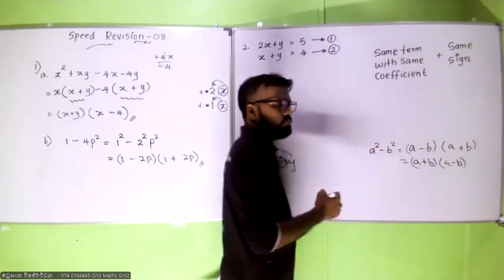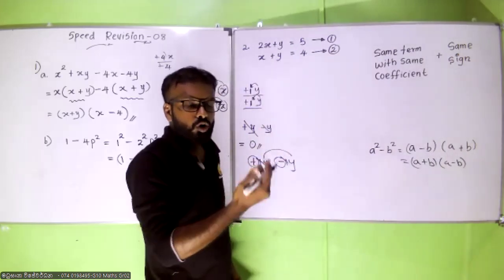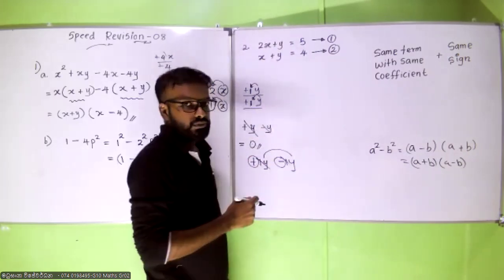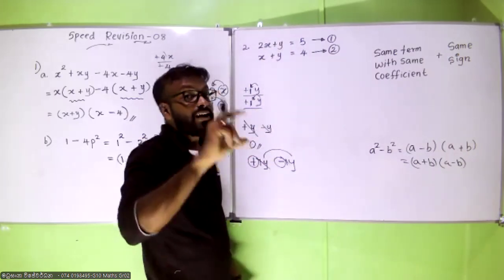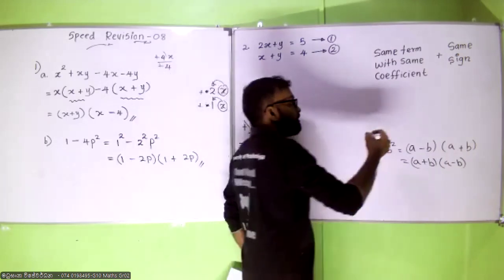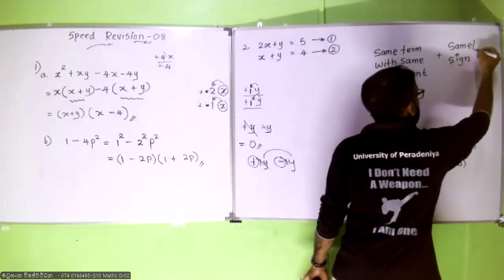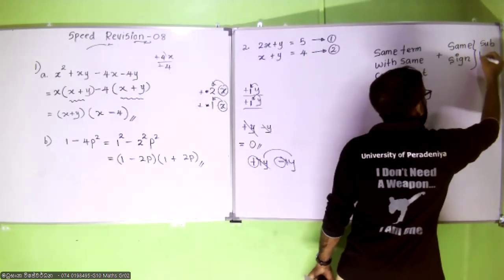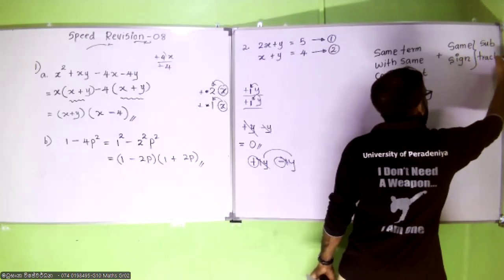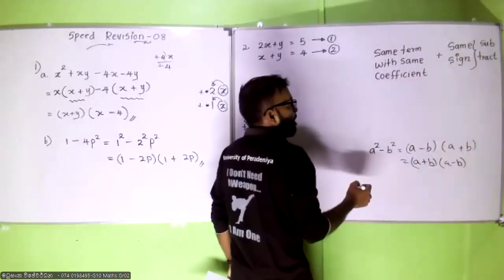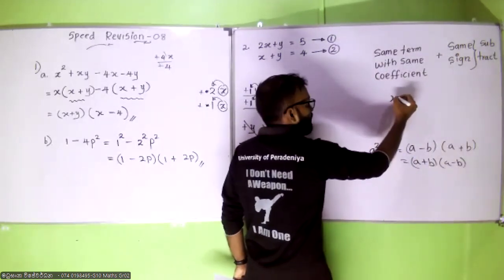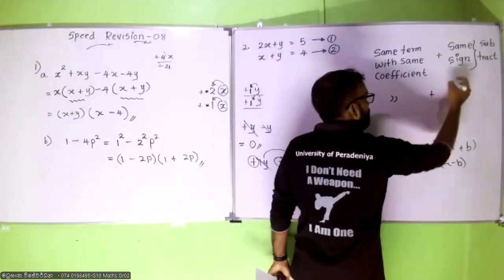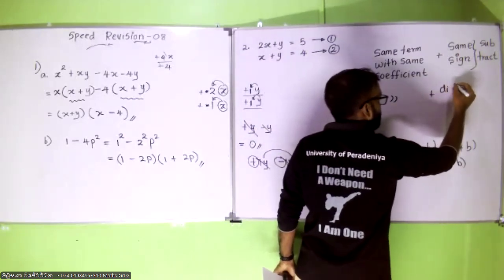Same sign means positive, positive or negative, negative. Alright? Same sign. You have to subtract the two equations. I will write it here, subtract. Correct? Same term with same coefficient, but different signs.